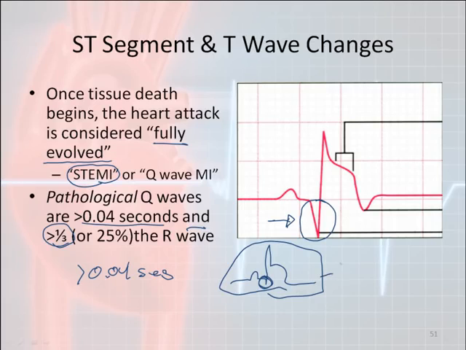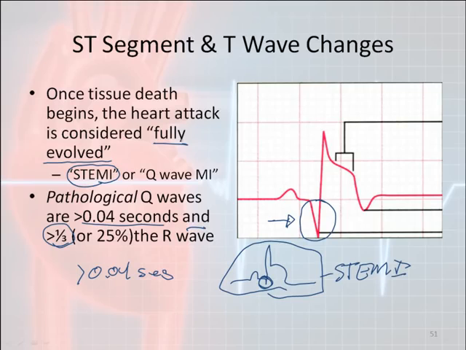Sometimes people will see this, and even though this is technically still in ischemia, this will still be called a STEMI. When you get down to it, it doesn't really matter. The person's having a heart attack, he needs to be treated, or she needs to be treated. Don't quibble over the fact that, oh, well, it's not a true STEMI until you have pathological Q waves.